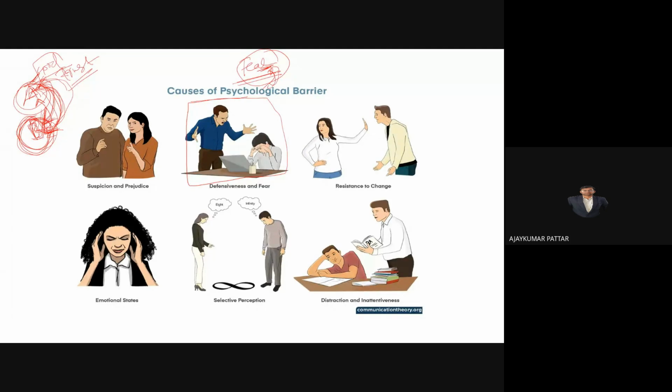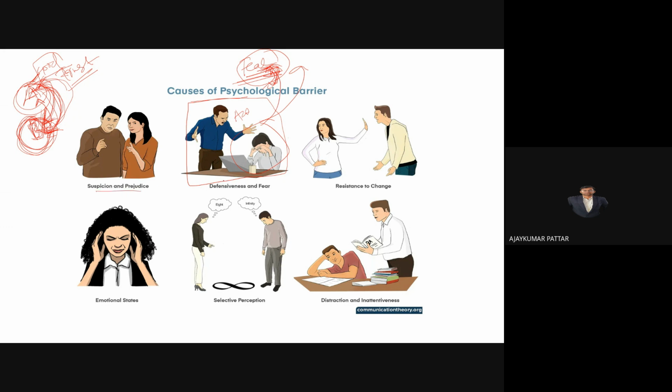If I go to the higher authority, what action or punishment will be taken? Because of that type of fear, a number of people will not communicate with the higher authority. They will simply leave the job. Because of harassment or anything, because of fear, they will not communicate to the higher authority. That fear is also acting as a barrier in effective communication.